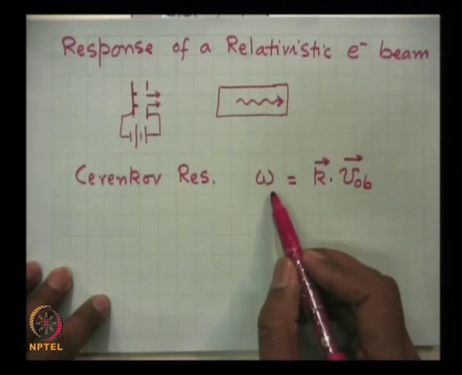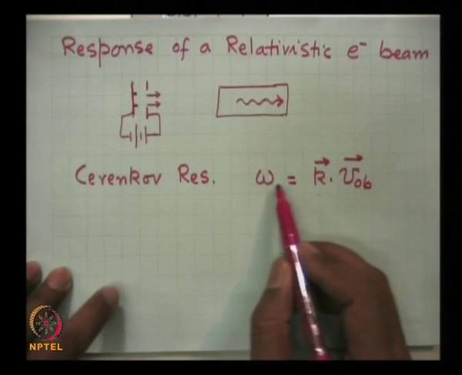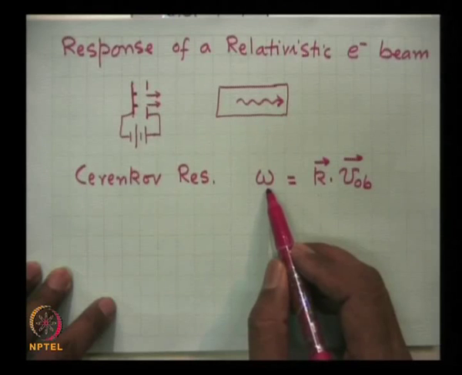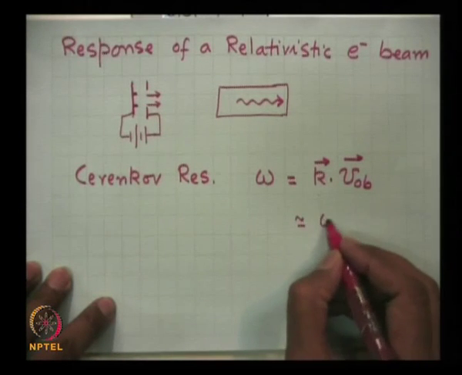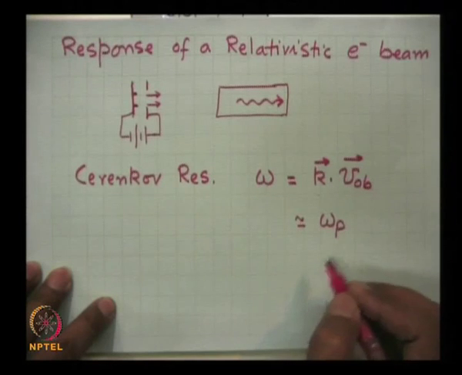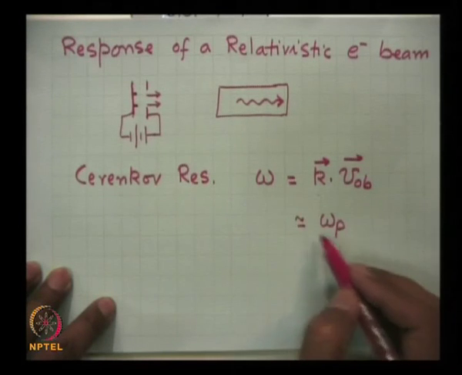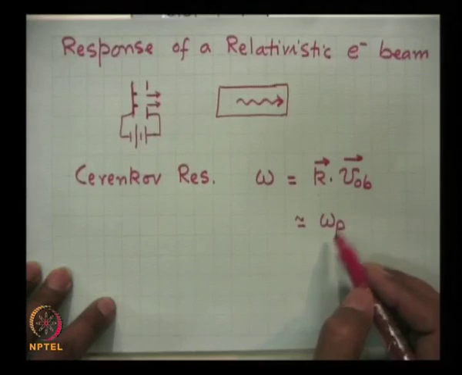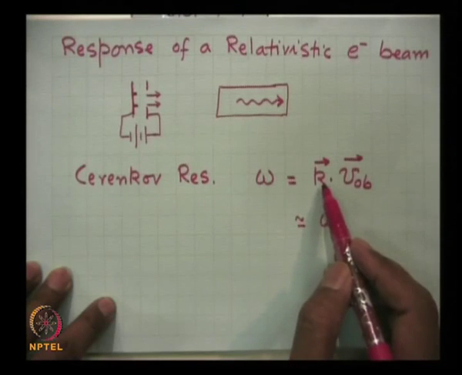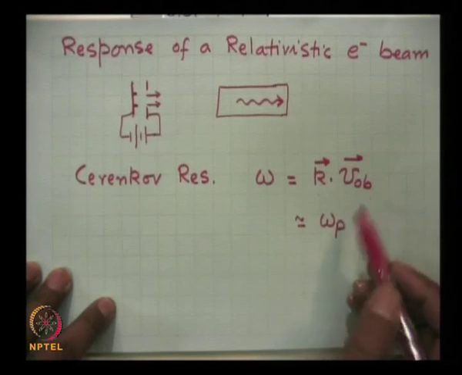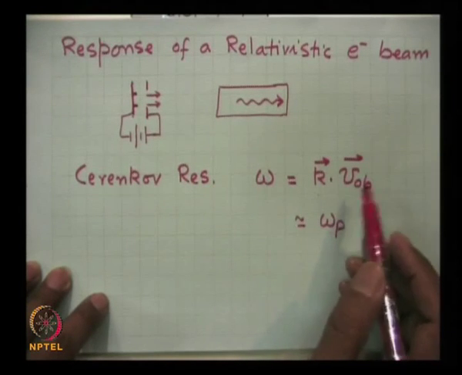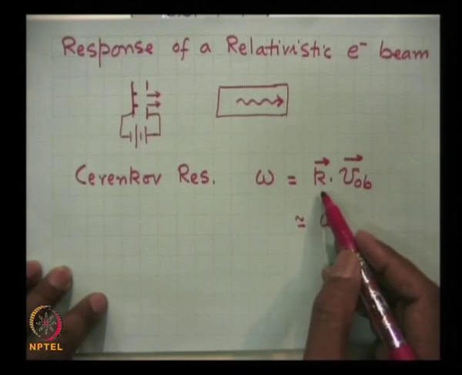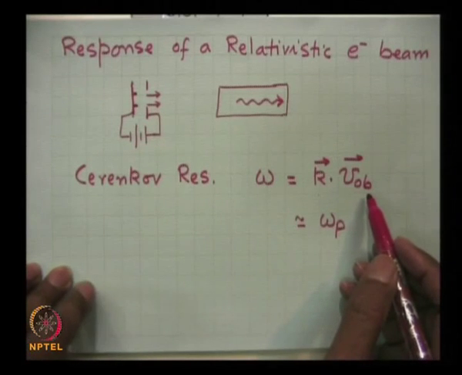As we had seen earlier, the frequency of the most unstable mode is of the order of omega_p. So, if frequency is fixed by the plasma density, then the k of the wave is fixed by the beam velocity. So, the phase velocity of the wave has to be close to beam velocity, and hence k will decrease with increasing beam velocity.